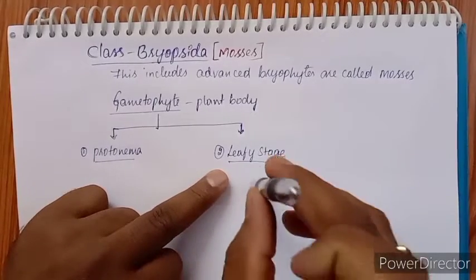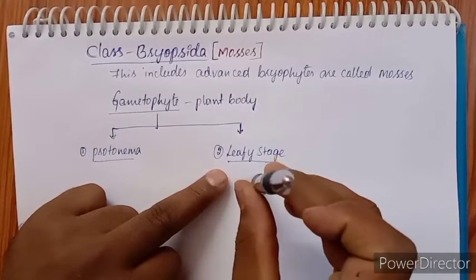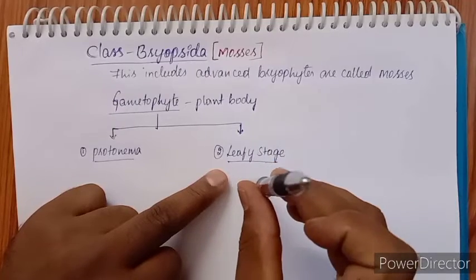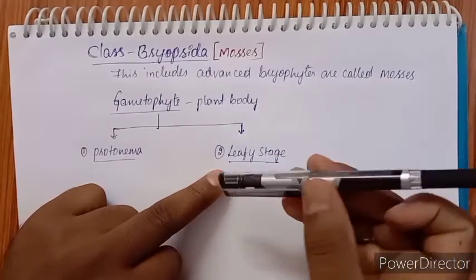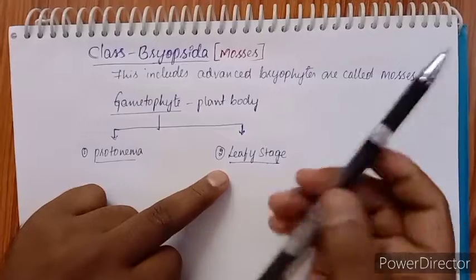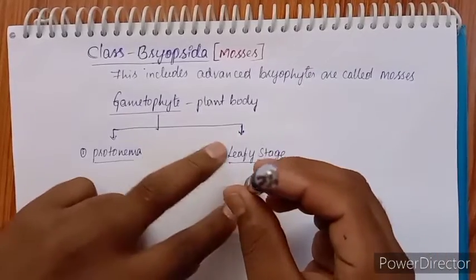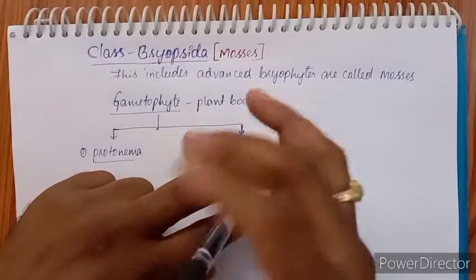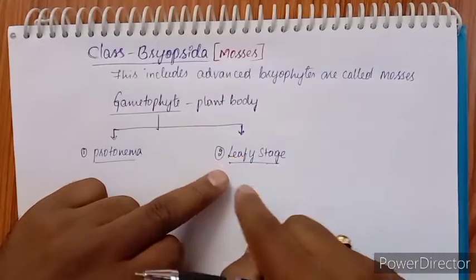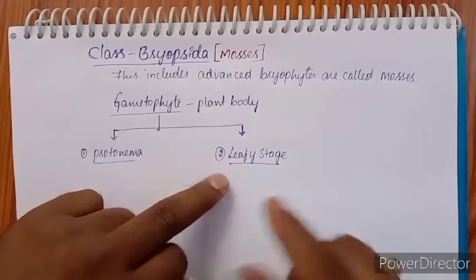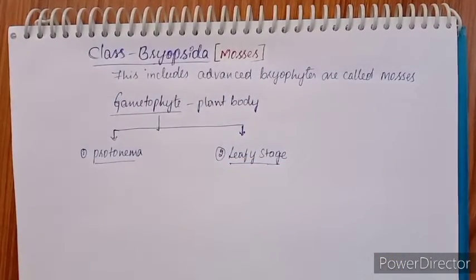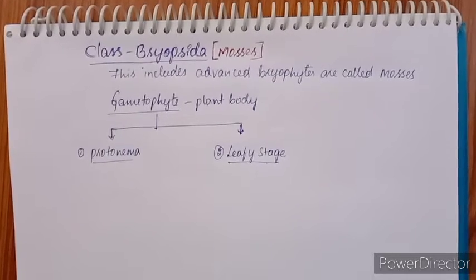The leafy stage is vertical, erect, we can call it upright and slender, with a main axis showing the presence of leaves around it. That is what we call the leafy stage. So the plant body is not differentiated into root, stem and leaves.